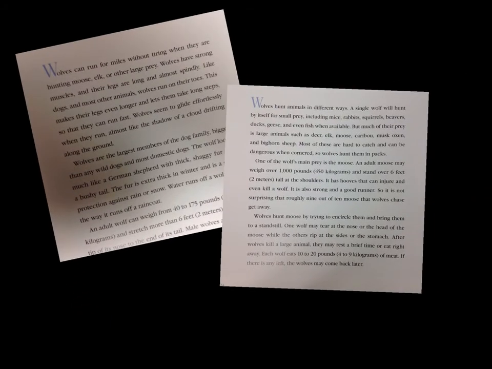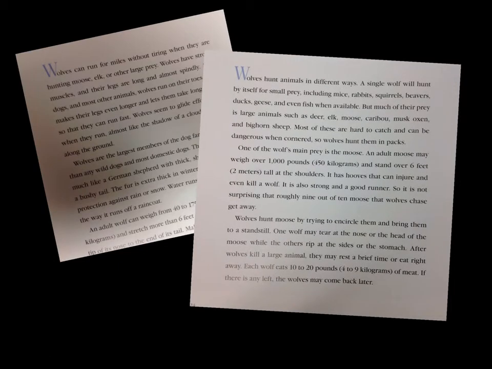And then I was looking on page 24, and it says wolves hunt animals in different ways. A single wolf will hunt by itself for small prey, including mice, rabbits, squirrels, beavers, ducks, geese, and even fish when available. But much of their prey is large animals such as deer, elk, moose, caribou, musk oxen, and bighorn sheep.